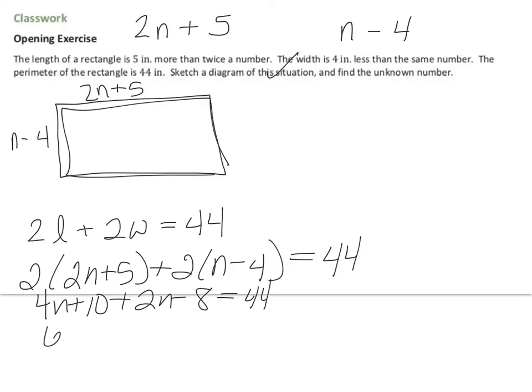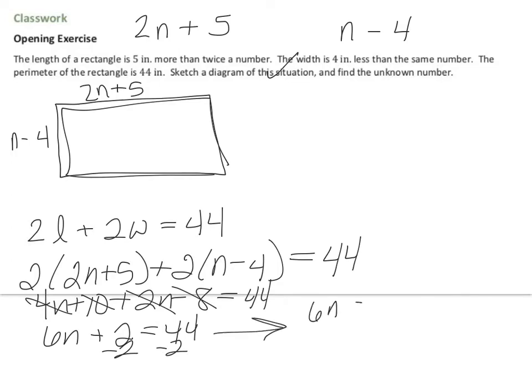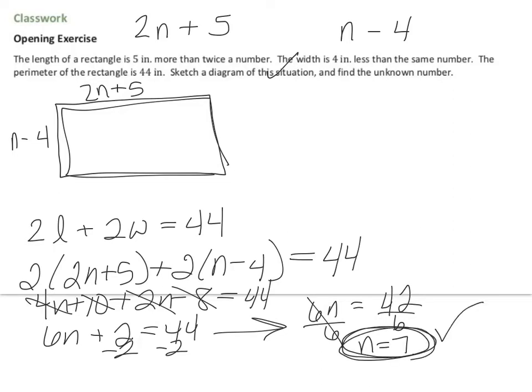Collect like terms. 6n plus 2 equals 44. Subtract 2 from both sides. I get 6n equals 42. Divide both sides by 6, and n equals 7. Unknown number is now known.